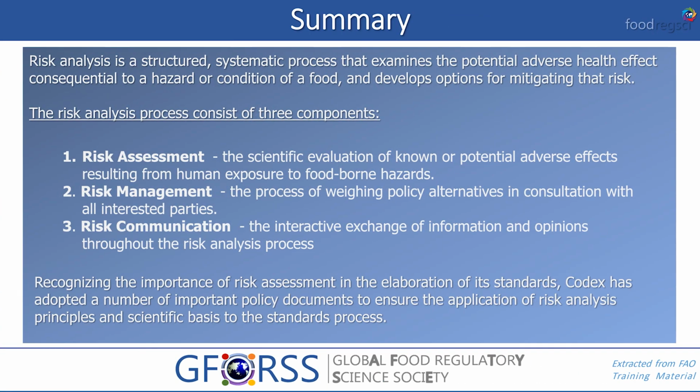The risk analysis process consists of three components: risk assessment, which is the scientific evaluation of known or potential adverse effects resulting from human exposure to foodborne hazards. Second, risk management, which is the process of weighing policy alternatives in consultation with all interested parties. And third, risk communication, which is the interactive exchange of information and opinions throughout the risk analysis process.